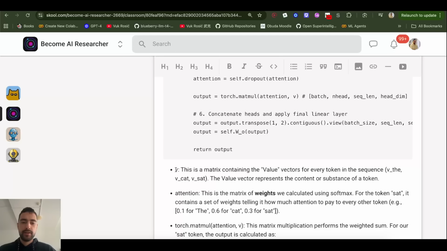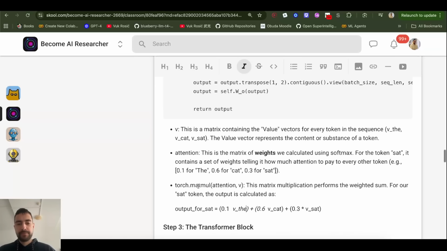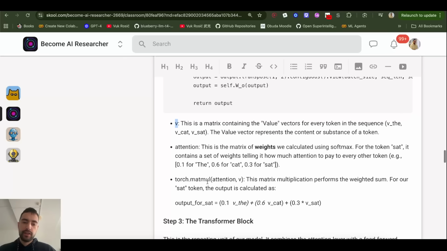I explained here, V is the matrix of values for every token in the sequence. For example, V of the, V of cat, V of set. So when we multiply attention scores and values, this is what it looks like.